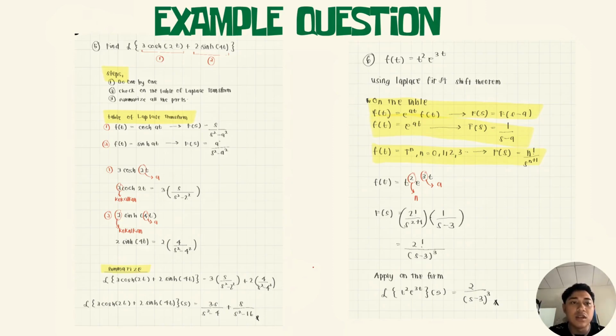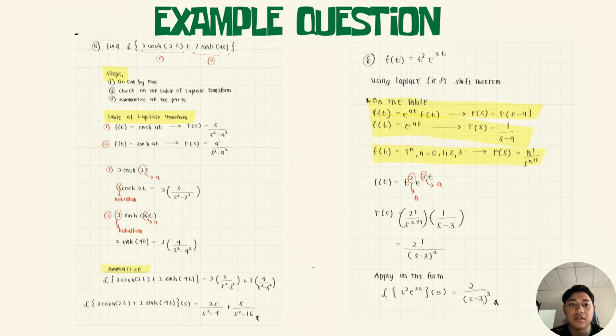Next, we go to equation 6. f(t) equals t squared e to the power of 3t. In this equation, we can use the Laplace first shift theorem and multiplication with t^n.